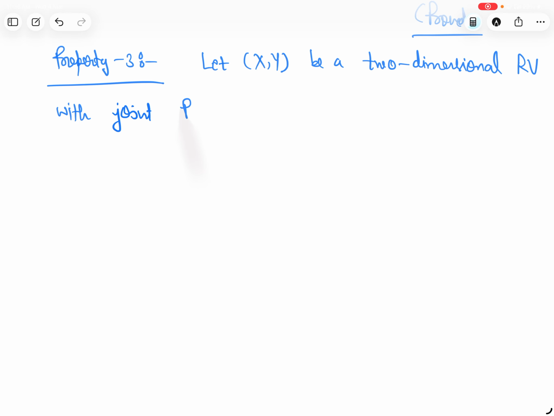Okay. Now property 3. Property 3. Let (X, Y) be a two-dimensional random variable with joint PDF.